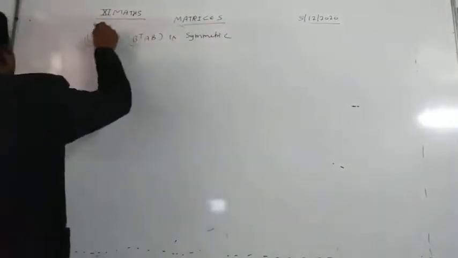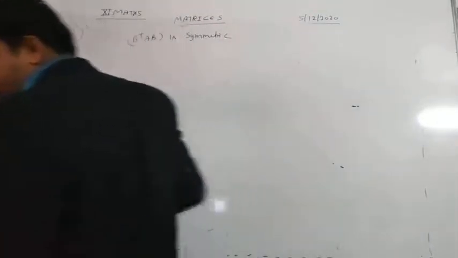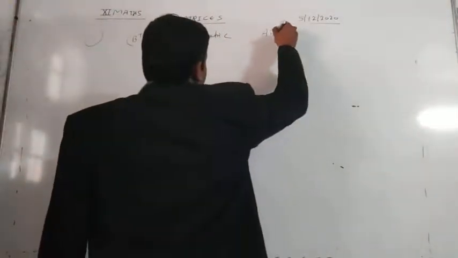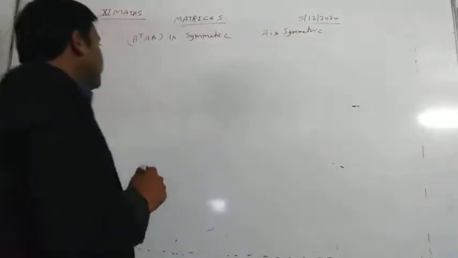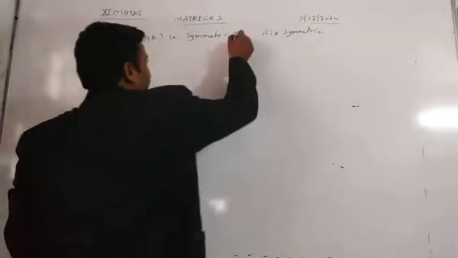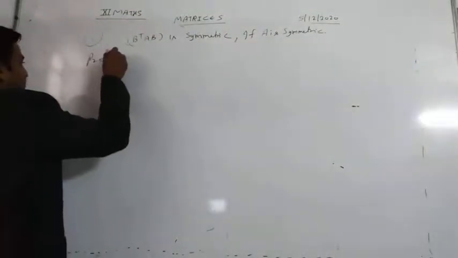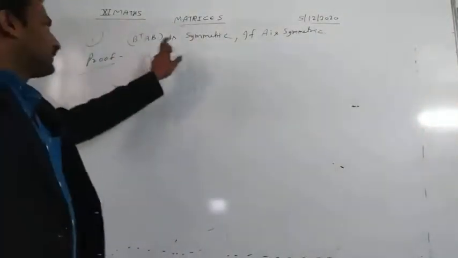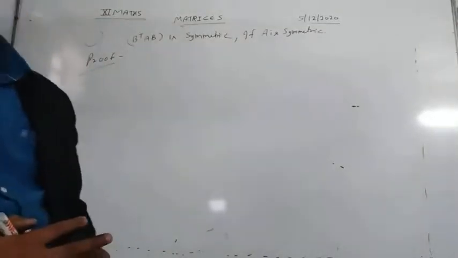In the first part, if A is symmetric, we have to show that this matrix is symmetric. The second part of this question is that this matrix is skew symmetric if A is skew symmetric. This is what we have to show.